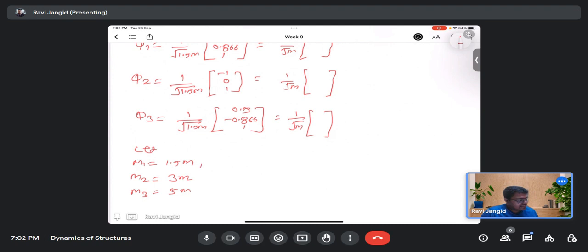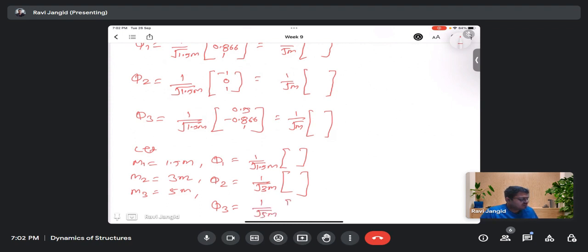In that case, for phi 1, I will divide it by the square root of 1.5m. For phi 2, I will divide it by the square root of 3m. Okay, understood. Yes, thank you.